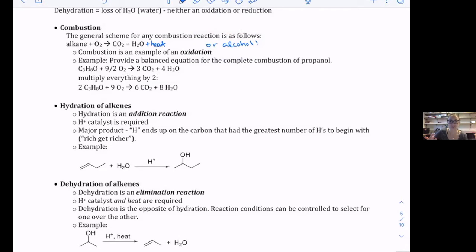The reason for this is because they go through a carbocation intermediate, which we talked about a little bit as to why we get the selectivity of our products. Water is not an acid itself, so we need to add acid in order to get this reaction to work. And then remember that we also have our selectivity. So hydrogen ends up on the carbon that already has more hydrogen. So the rich get richer concept that we've talked about.